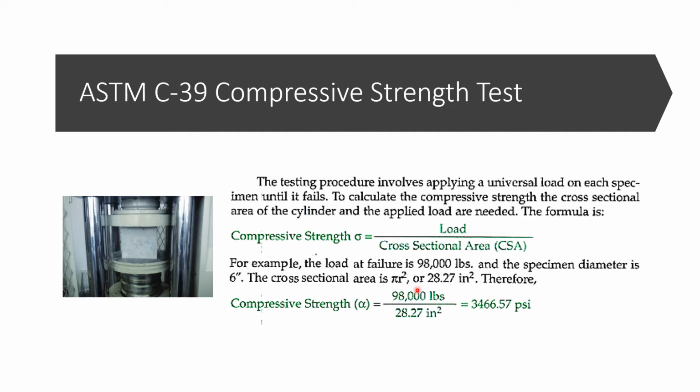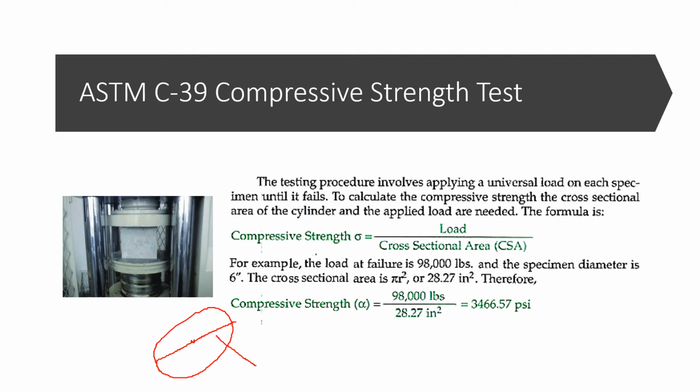In this example, the cross-sectional area is given to you. In the test, I'm going to give you just the diameter, and you should know how to calculate that. If you have a diameter, when you look at the little circle like that, that's the diameter. A circle has a center.